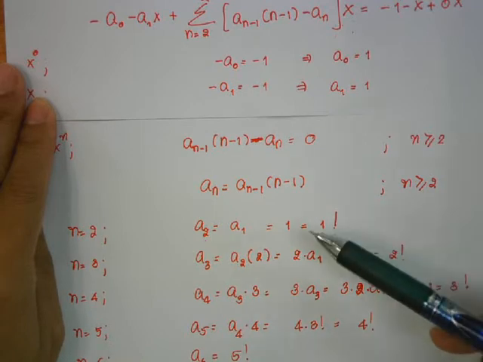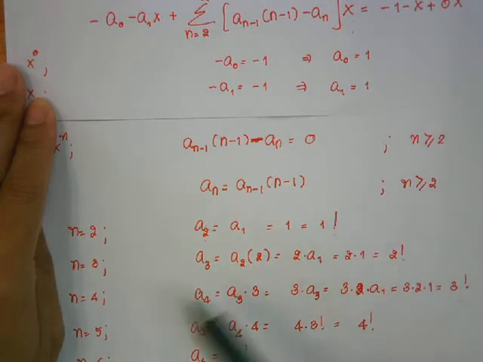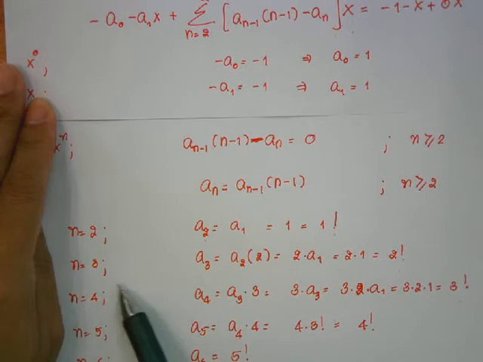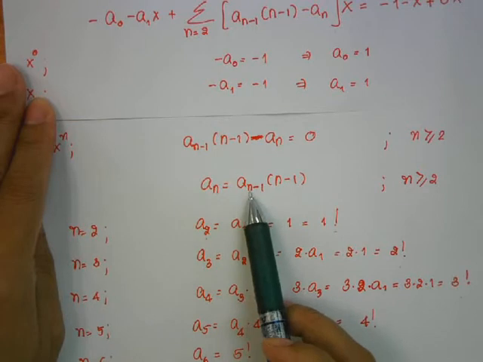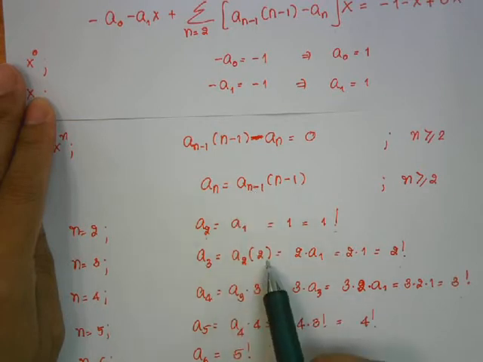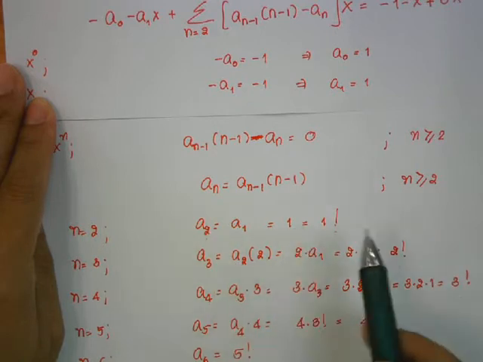So first of all, I would put 1 first, and then I just replace n equal to 3 to see what's going to happen next. When I put n equal to 3, I would get that a3 is equal to a2 times 2. But my a2 is equal to a1, so it's 2 times 1.